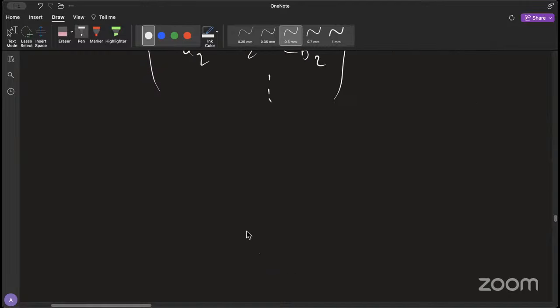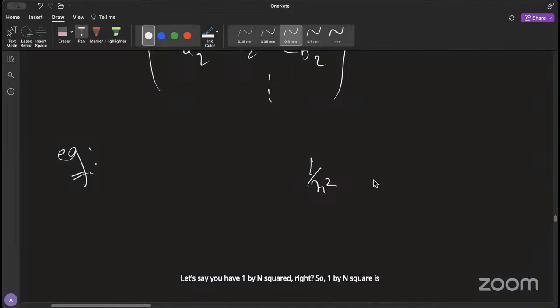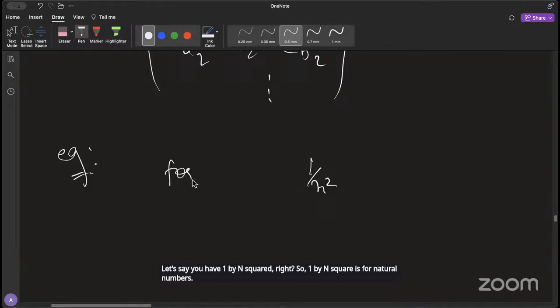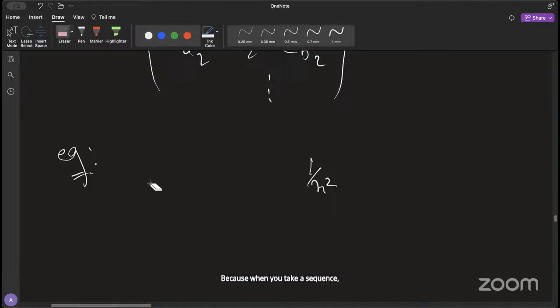For example, let's say you have 1 by n square, right? So 1 by n square is for natural numbers, because when you take a sequence, n is always a natural number, right? So can I just say that 1 by n square is less than 1 by n?